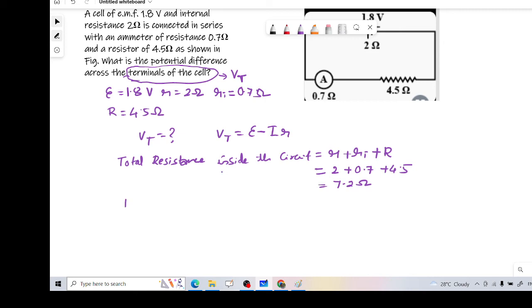So we need to calculate I here, so I becomes E divided by the total resistance inside this circuit. This E is nothing but 1.8 volt.